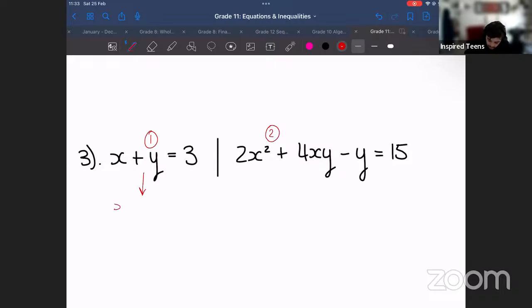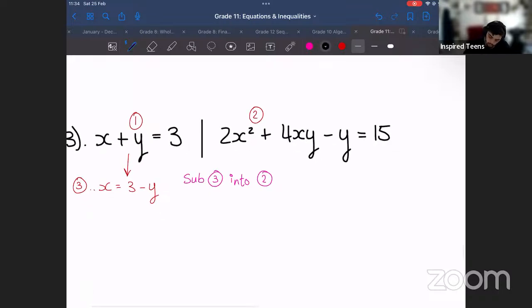I want to leave x alone. So x is equal to 3 minus y. When I take it over, this forms equation number 3. The next step is to always sub 3 into 2. Whichever equation you choose to isolate the variable in, call that 1. Wherever I see the variable x, I'm going to put 3 minus y.